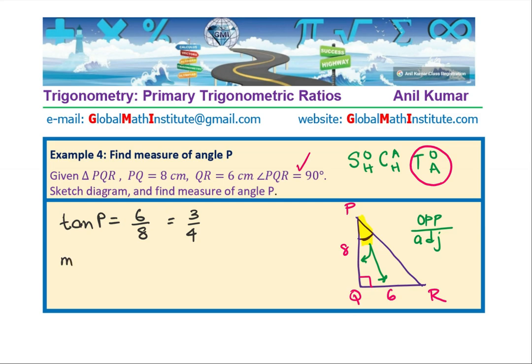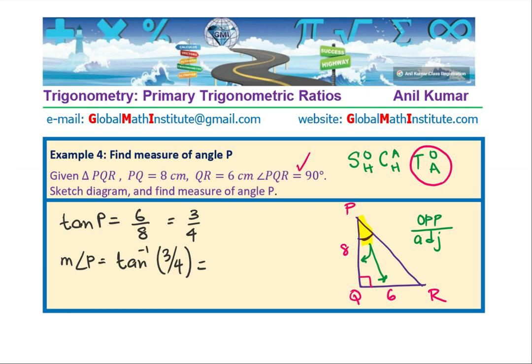And now we can do measurement of angle P is basically tan inverse. So now you use the inverse key and find what 3 over 4 is with tan inverse.